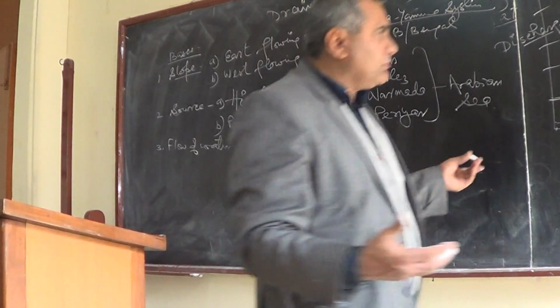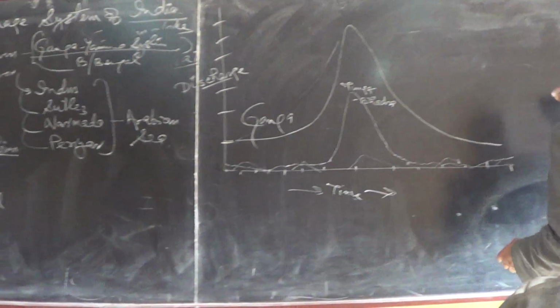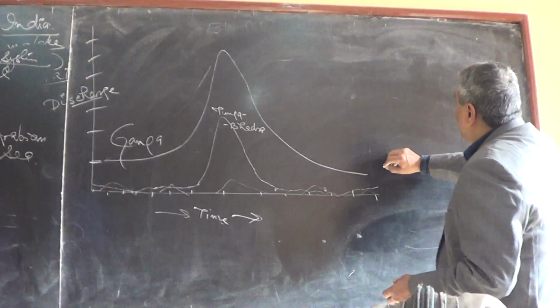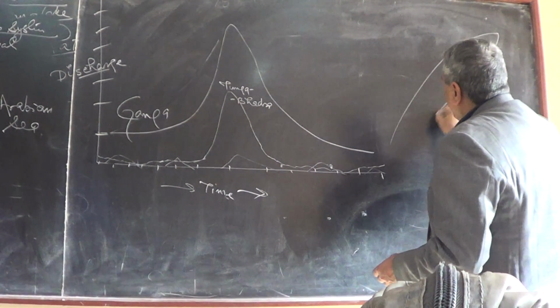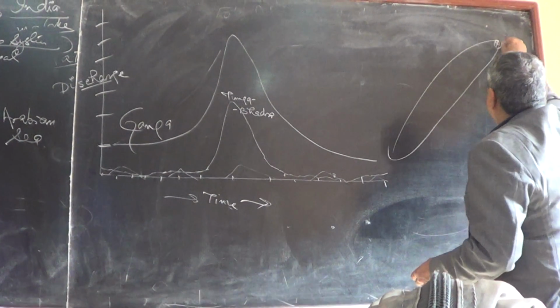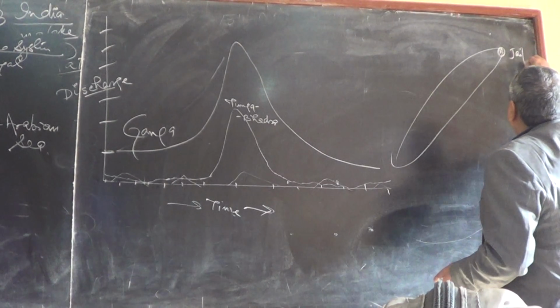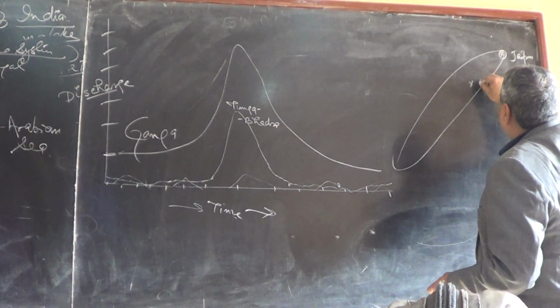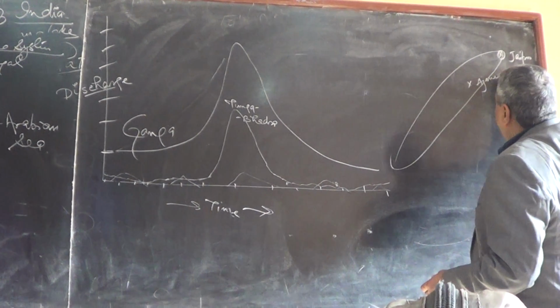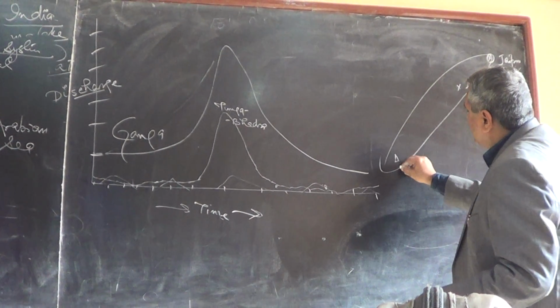Let me construct one more. Say this is the Aravali hills. Say this is Jaipur. This is Ajmer here. This is Mount Abu here.